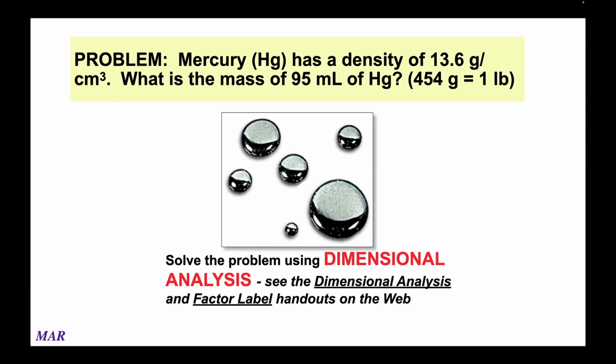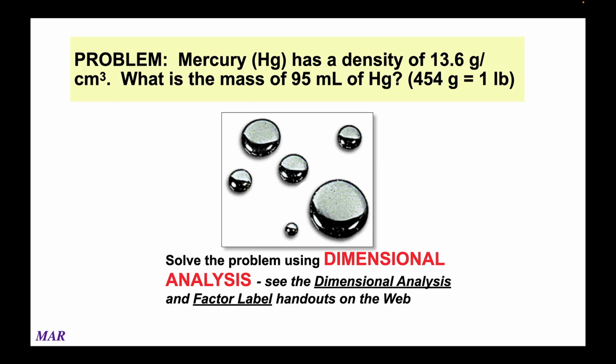This is an example of what's called dimensional analysis, which sometimes is called factor label, has different names, but it's when you want to convert one kind of unit into another. And in this problem, we want to convert milliliters, our starting unit, into either grams or pounds, our ending unit. And if you do that, you need a conversion factor in order to convert one from the other. So we're going to use the 13.6.